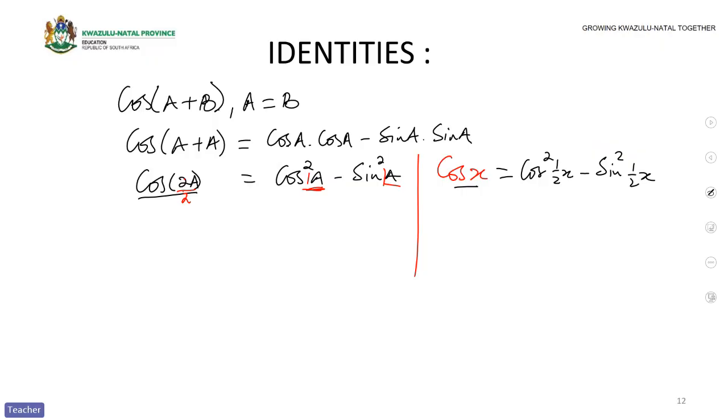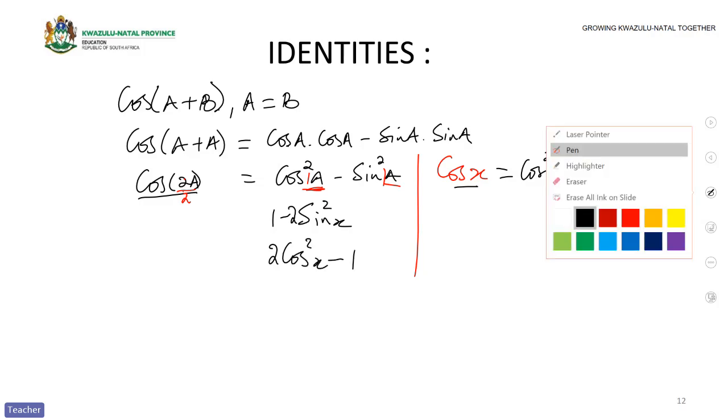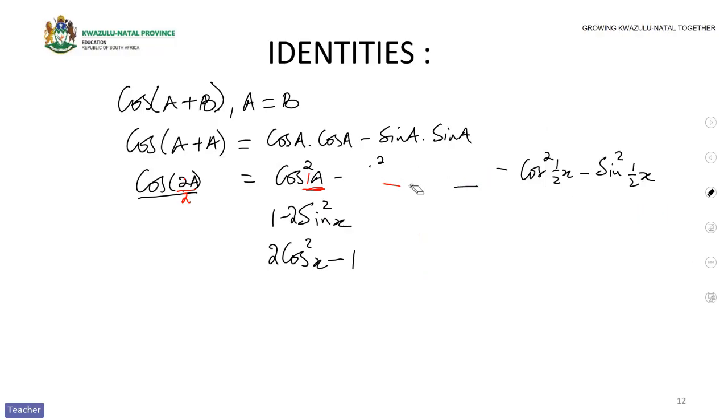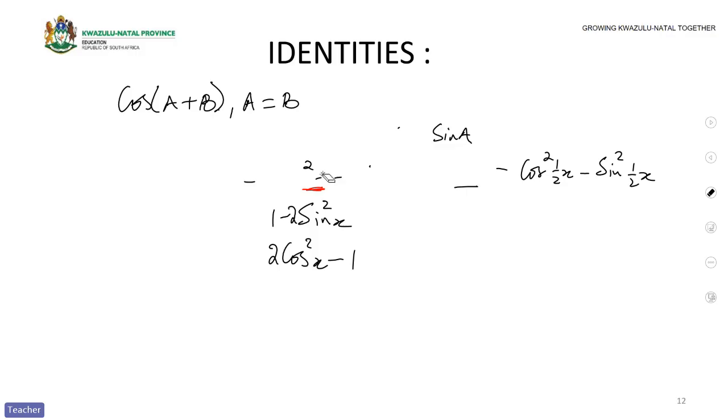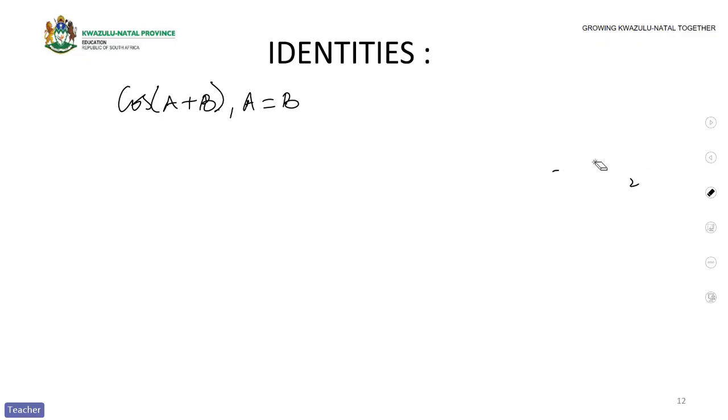And also the other identities that we spoke about, which will be what? 1 minus 2 sin squared of x, and the other one is 2 cos squared of x minus 1. So please remember that one. They are very important for you to engage on trig expressions, trig identities, trig equations. Also, in 2Ds and 3Ds, these are the identities that we will be using. So that's why I actually refresh our minds to recall all the identities that we discussed last time.